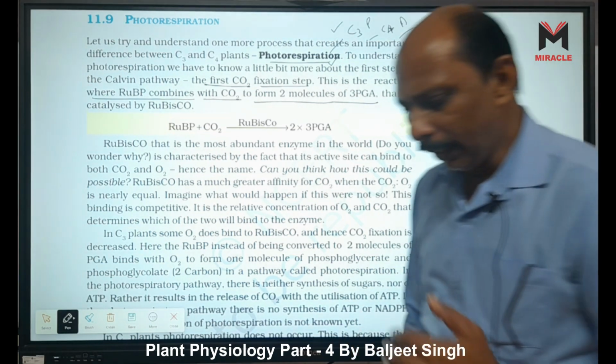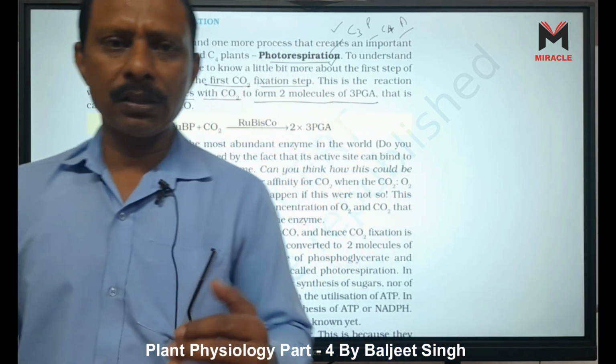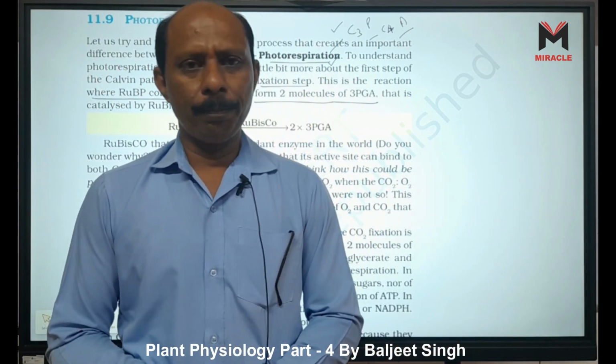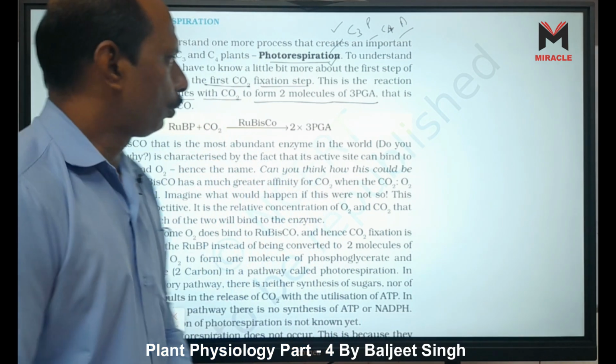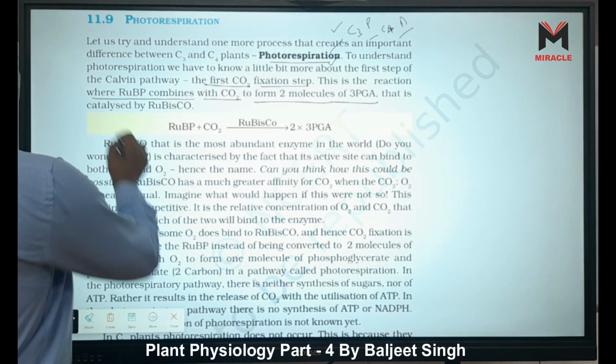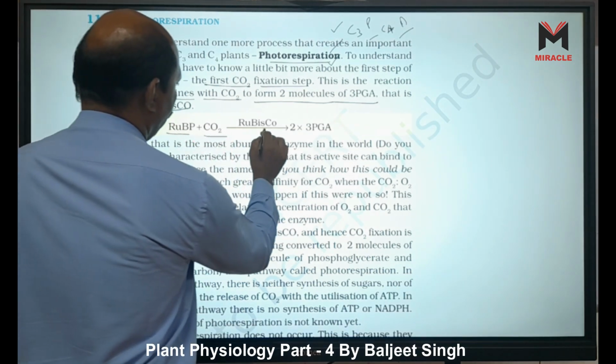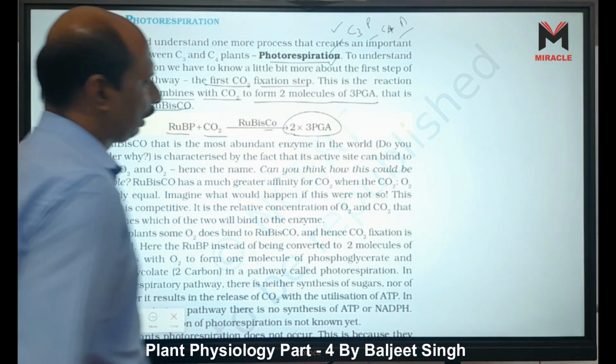This unstable intermediate splits and forms 2 molecules of 3-PGA. This is catalyzed by Rubisco.